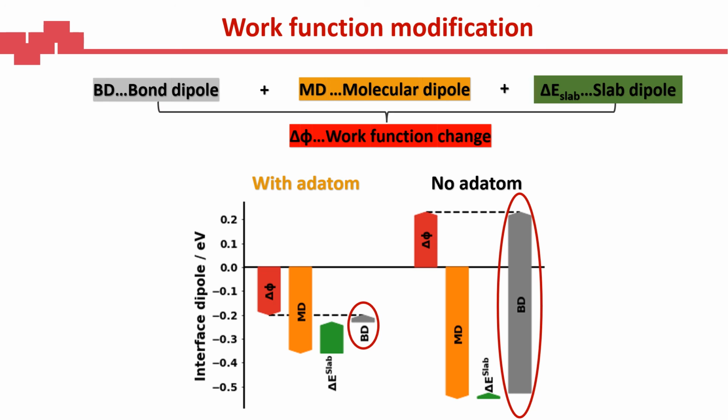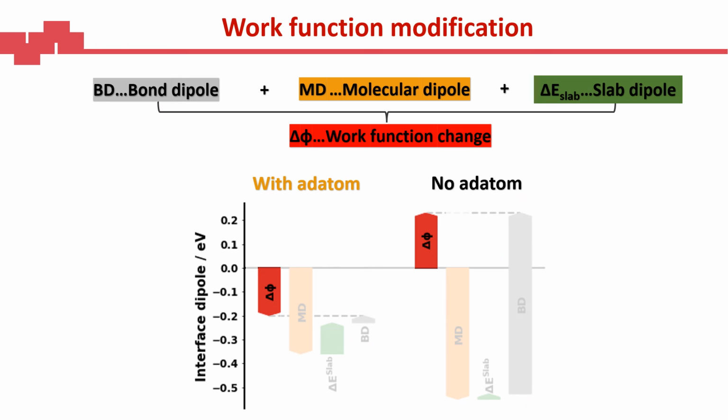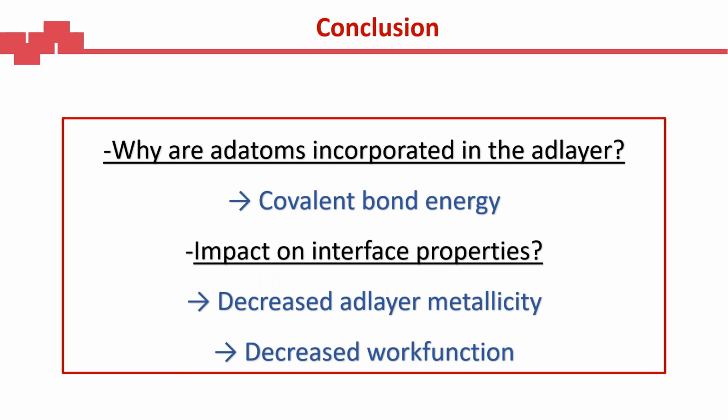And therefore, the bond dipole that is caused by the net charge transfer is very, very small when we have adatoms at the interface. And with this, we find that while without adatoms, the work function would actually increase, in the case with adatoms, we decrease the work function at the interface when F4TCNQ adsorbs on the surface.